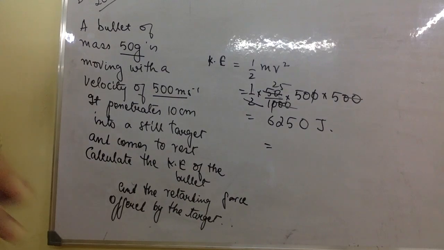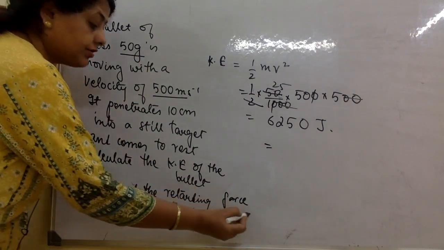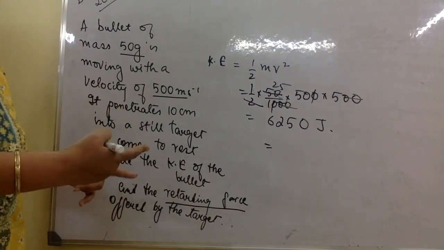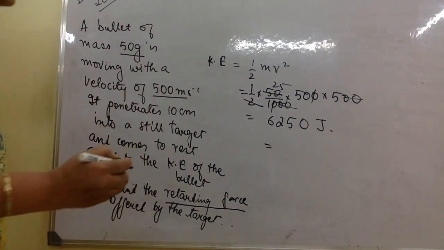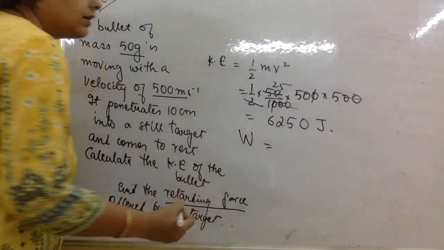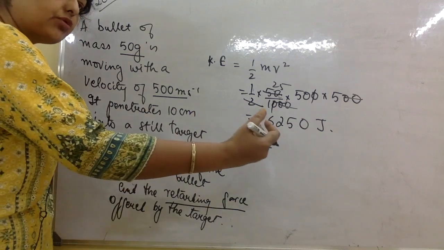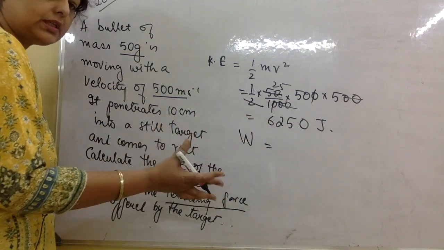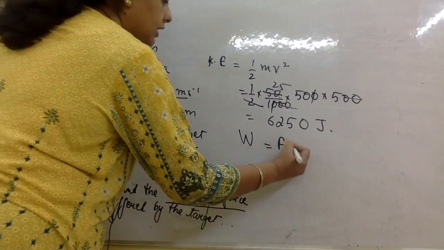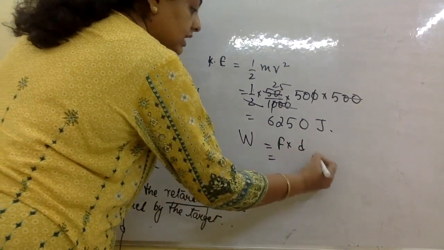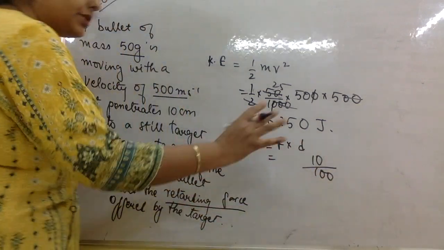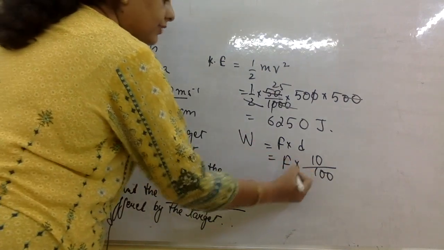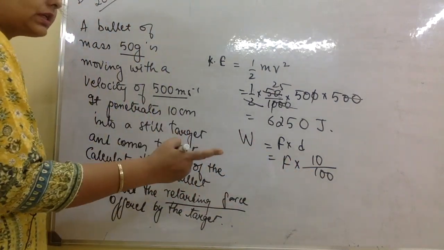Now they asked what retarding force, meaning what amount of force the target is giving to it. The amount of work done by the bullet, the same amount of work is done by the target, only then it can stop it. So F into D, it has gone inside by 10 centimeter, convert it to meter. Force we have to find. What work is it doing?